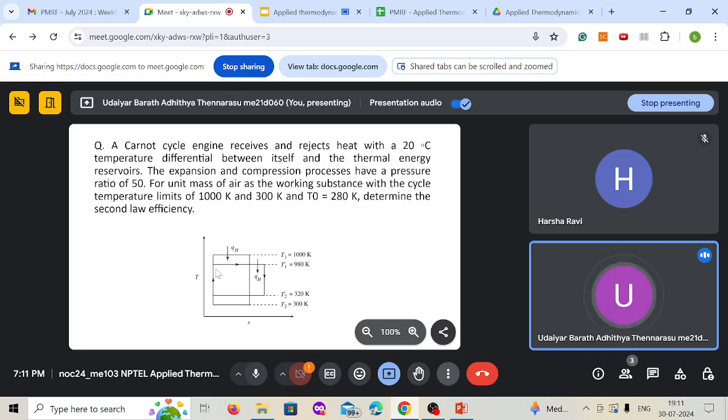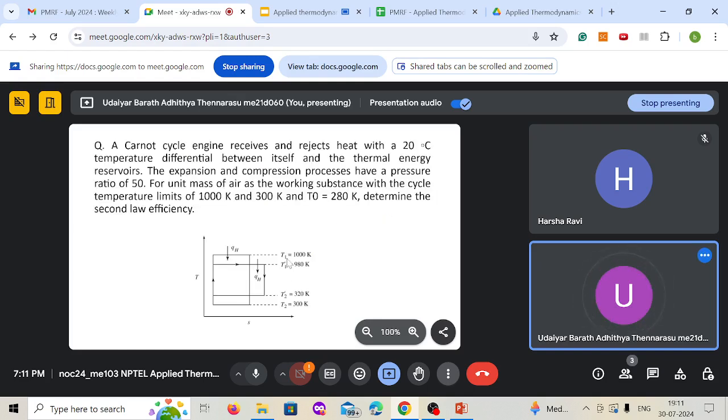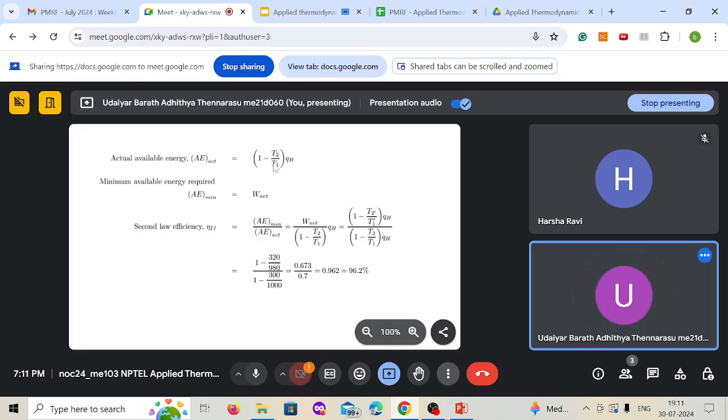So you have to find the second law efficiency. Your available energy is 1 minus T2 by T1 times QH, with the temperature provided, that is 1300 Kelvin.